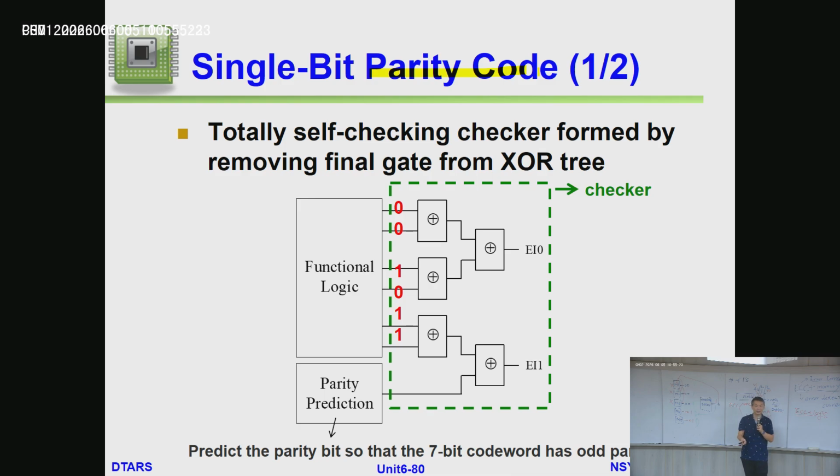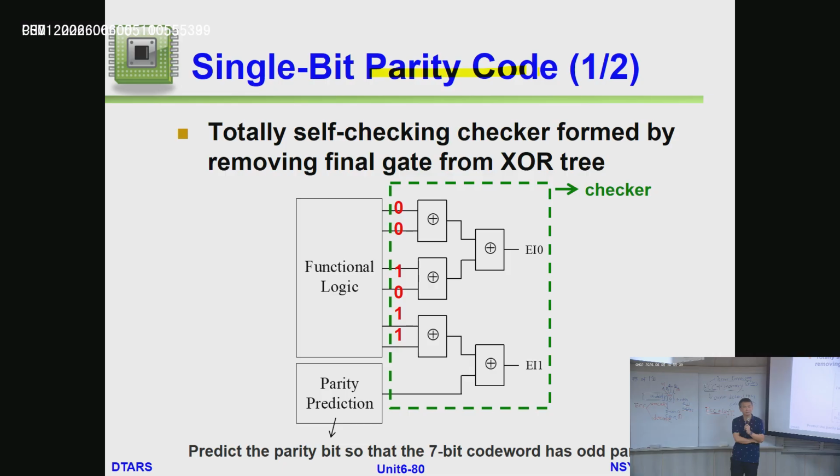And on the other hand, if the number of ones is even, then the parity is even. Look at this example. What is the parity of this output based on our definition? For this one, we have 3 ones, right? So its parity is odd.